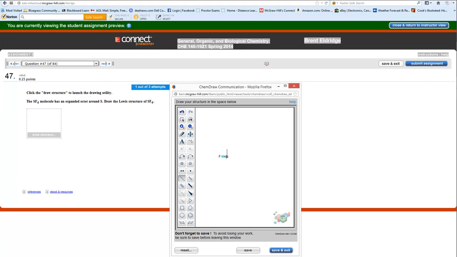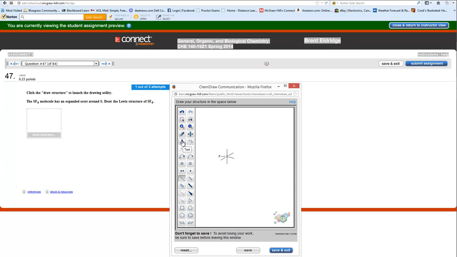Somebody asked, does it matter how you angle them? For this, it does not, because it's not asking you for VSEPR. It's just asking you for the structure. So I would try to line that one up. Something like that. So that shows that there are a total of 6 bonds coming off of the sulfur.